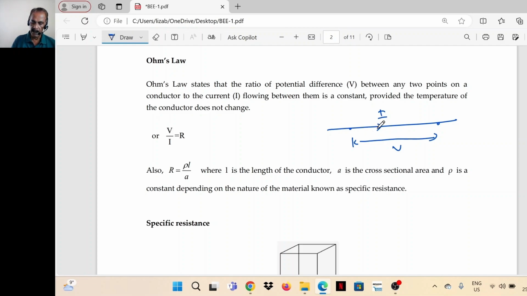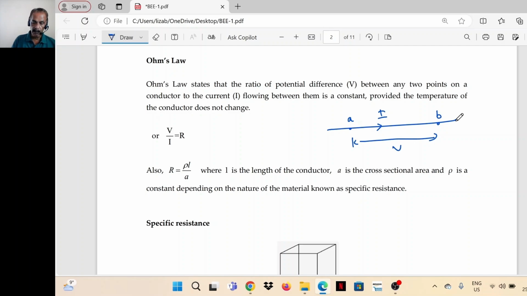Say in a conductor a current I is passing and between 2 points A and B the potential difference produced is V volts, then V by I is the resistance of the conductor between the points A and B. That is the statement of Ohm's law.